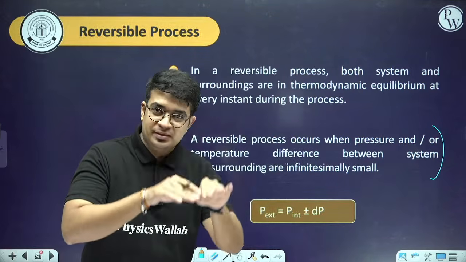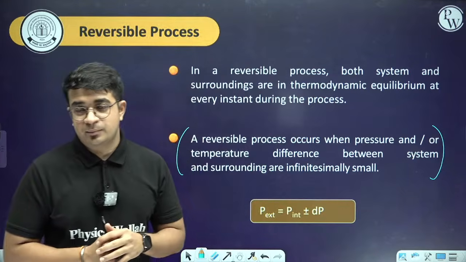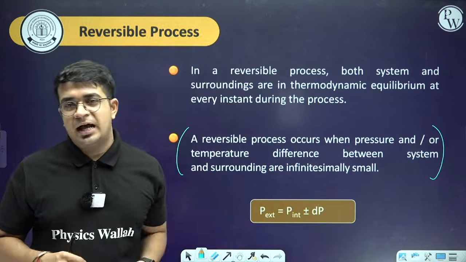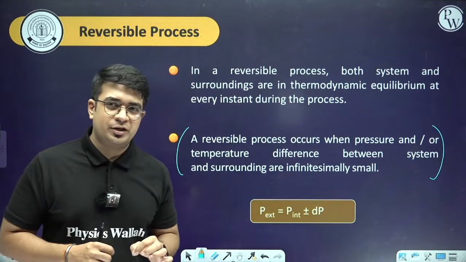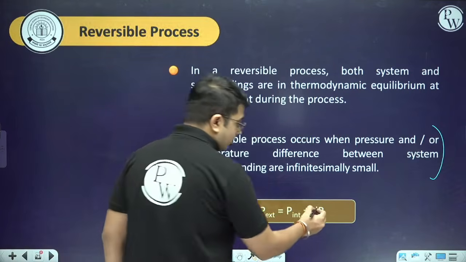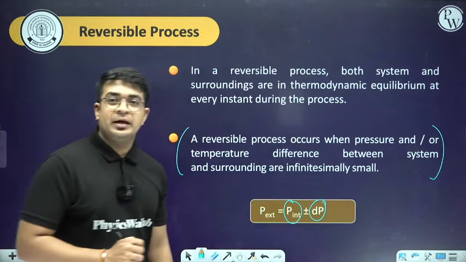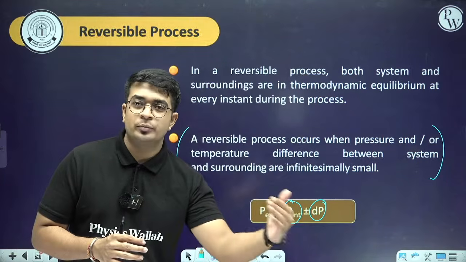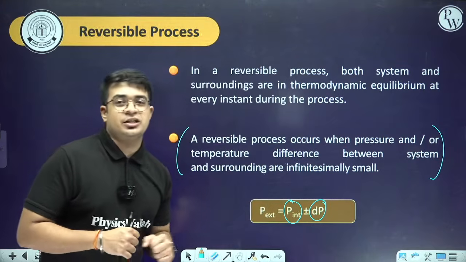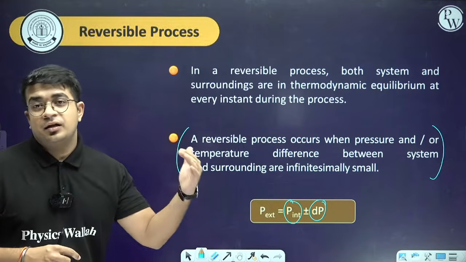There is a gas already present in the system, and that gas has a specific pressure. Now on that piston I apply a very small pressure, P external. P external is a small addition or subtraction from P internal. That defines whether it is an expansion or a compression process. That change is very, very small, which corresponds to reversible processes.